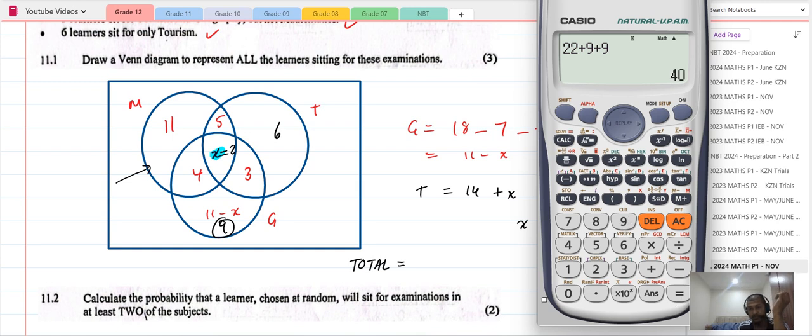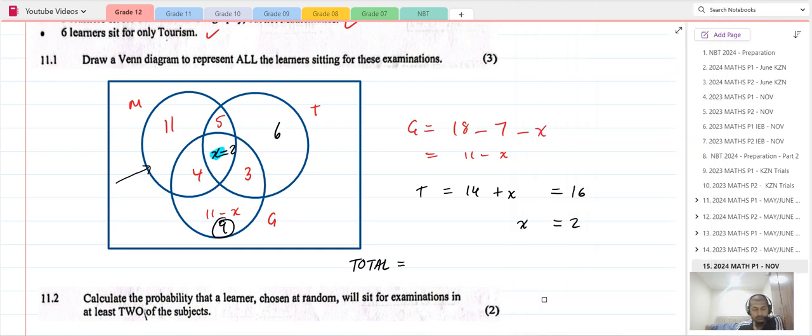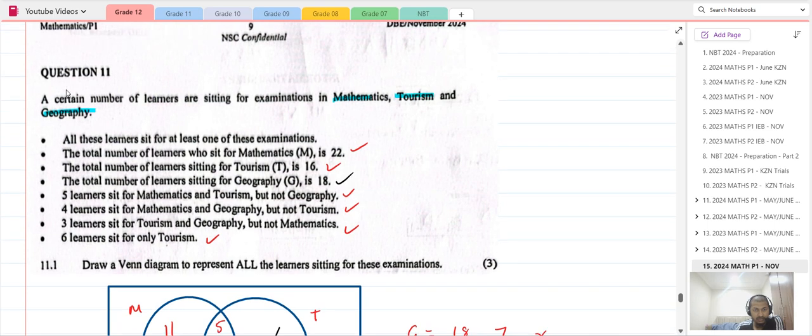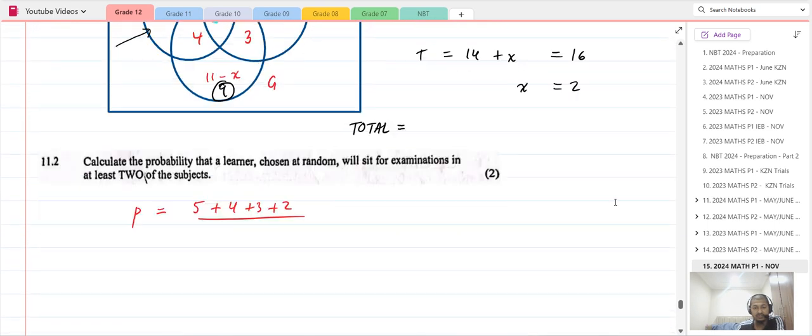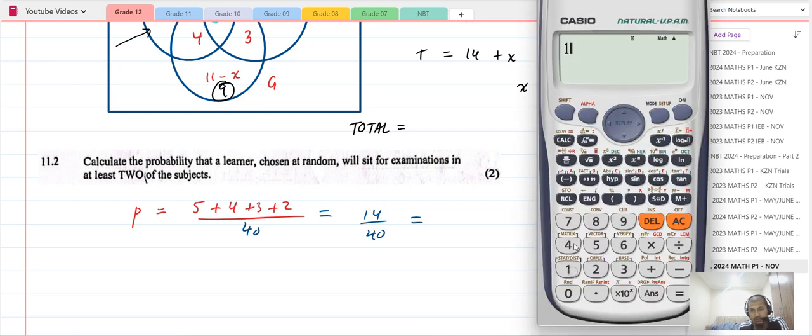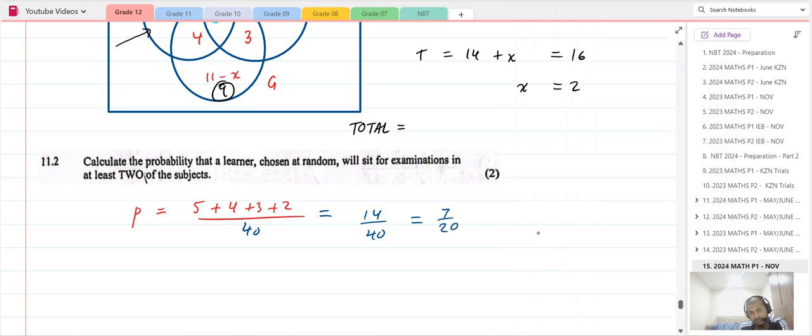So we're getting 40. Did they say 40 learners? Certain number of learners, so this is over 40. So that's going to be 9 and 5. 14 out of 40, that is 14 divided by 40. That answer is 7 out of 20. Right, so I hope you guys understood that.